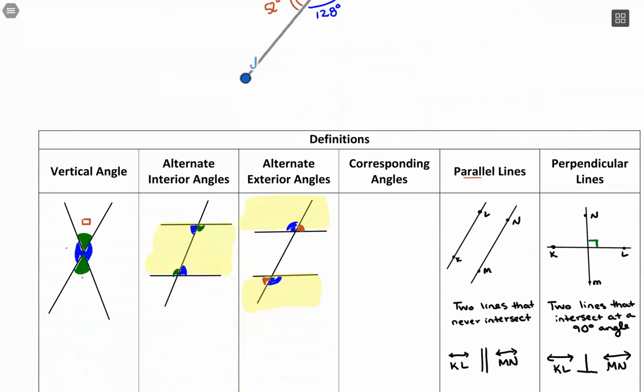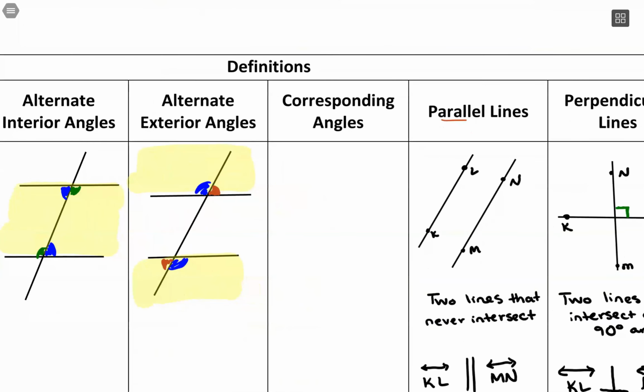And then the last piece here is corresponding angles. For these cases, there are a lot of corresponding angles, but it's basically when you have these 2 intersections where values occur at the same spot, you look at where they line up, and that would be your corresponding angles. Say I'm on the upper left-hand side here, upper left-hand side, same measurement. Lower left-hand side will be the same as lower left-hand side. Upper right-hand side, same as upper right-hand side.